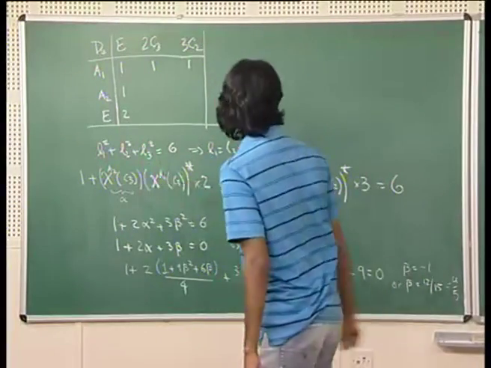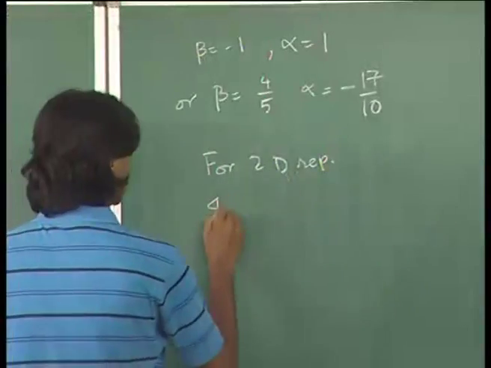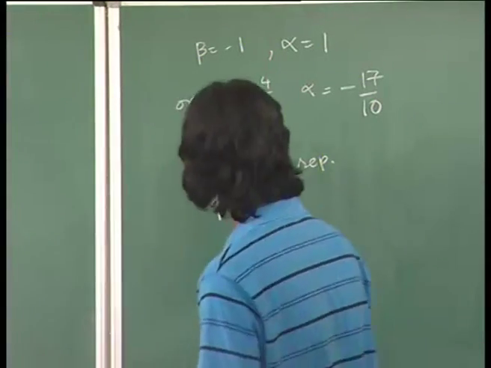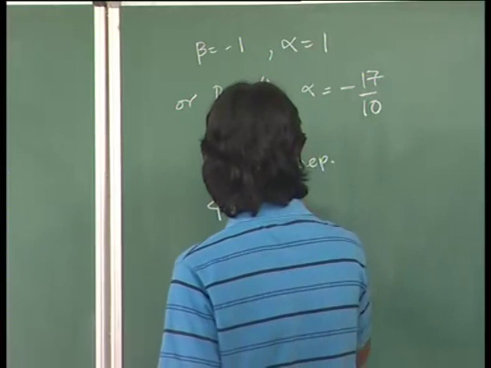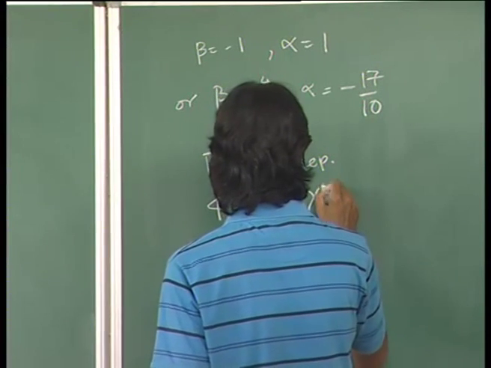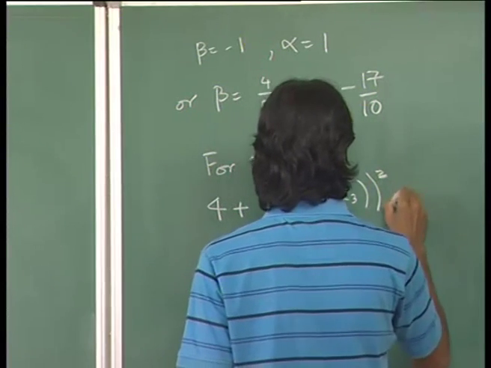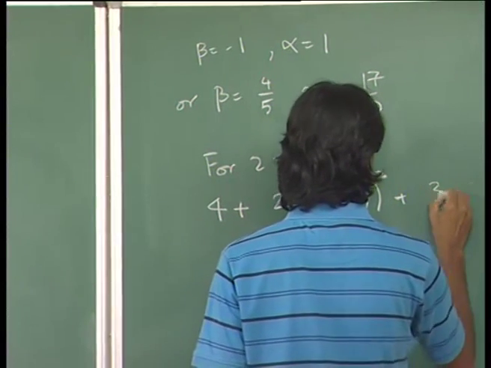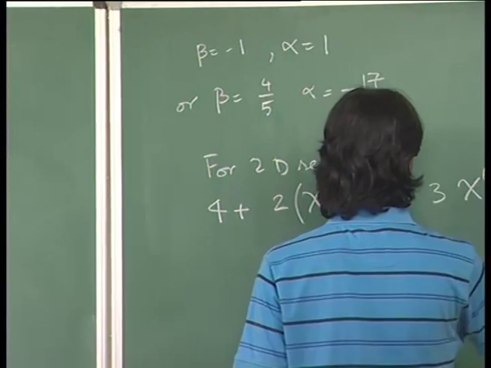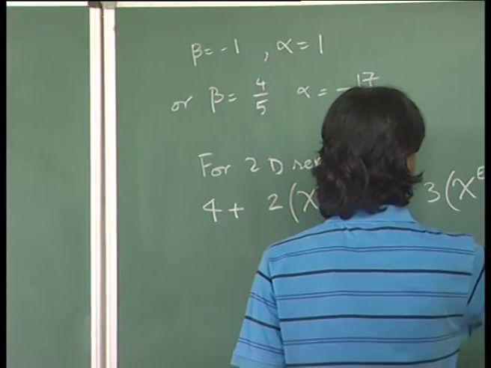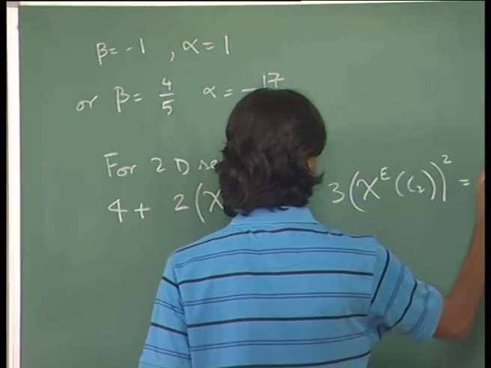The sum of squares here should be 4 plus 2 chi e of C3 square plus 3 chi e of C2 square equal to 6.